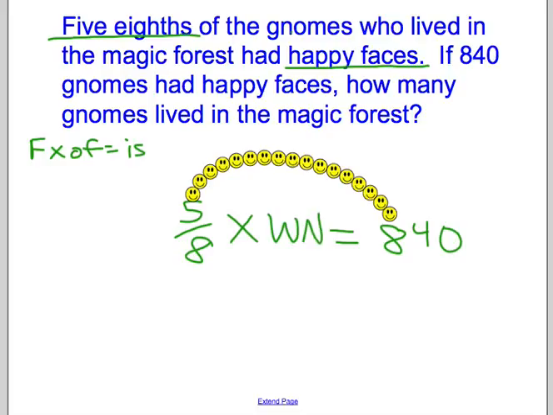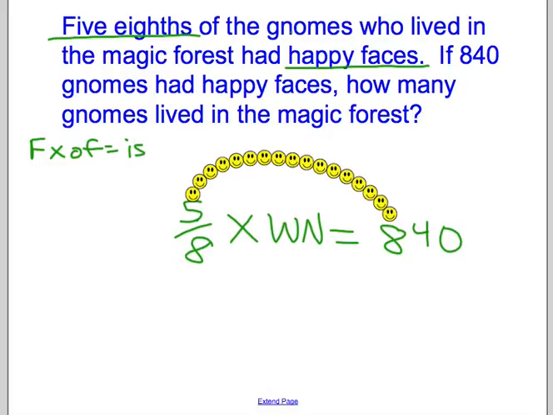N. Just like we would if it said 3/4 of what number is 62. This is the same setup. Okay, so we were able to identify that the fraction is obviously the fraction, and we were able to identify that 840 is the same item because they're both happy faces.